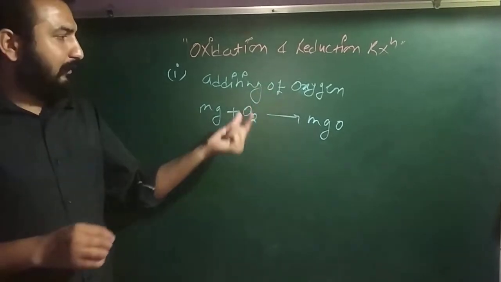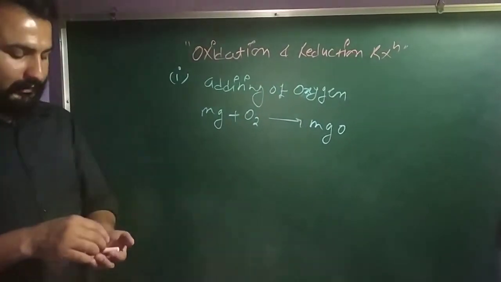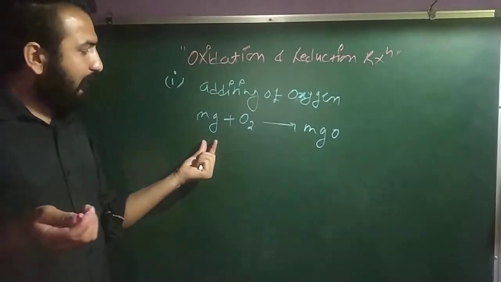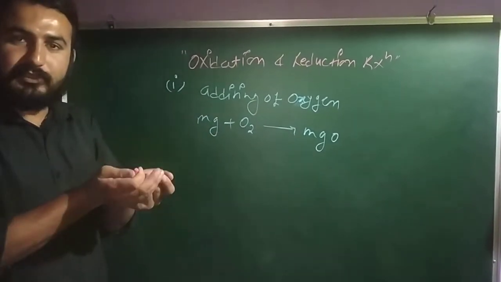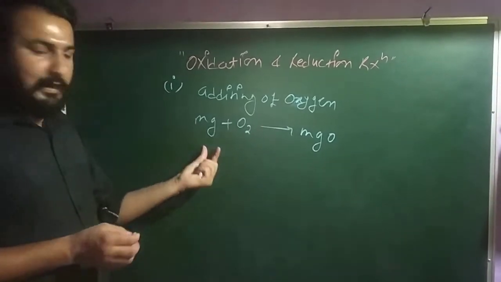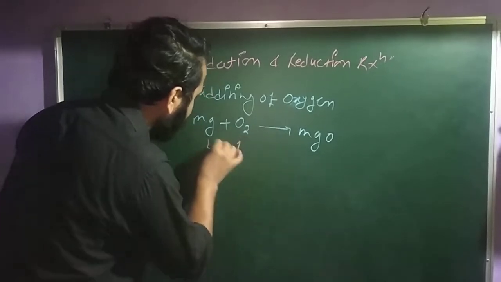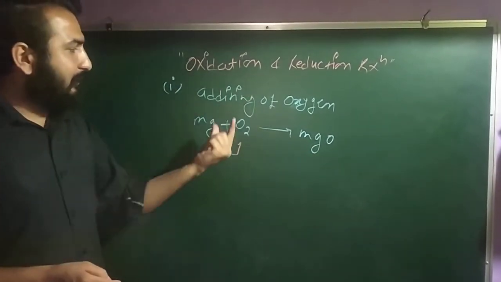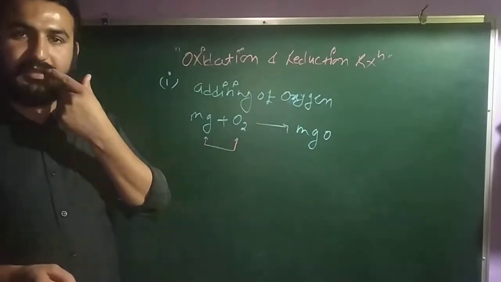According to the definition, the adding of oxygen is called oxidation. In this, the magnesium is attached with the oxygen. You can say the oxygen is adding on magnesium and forms MgO. This is called magnesium oxide, and this is also an oxidation reaction.